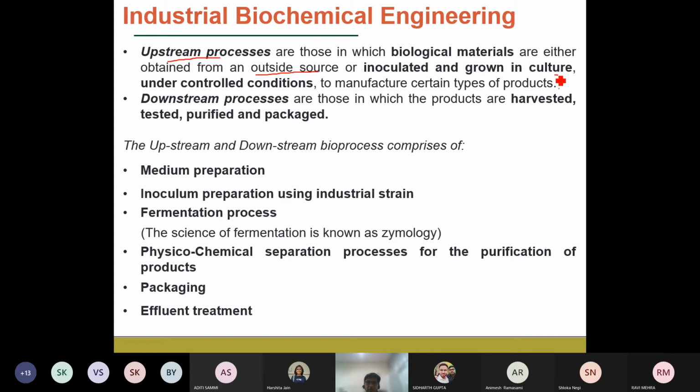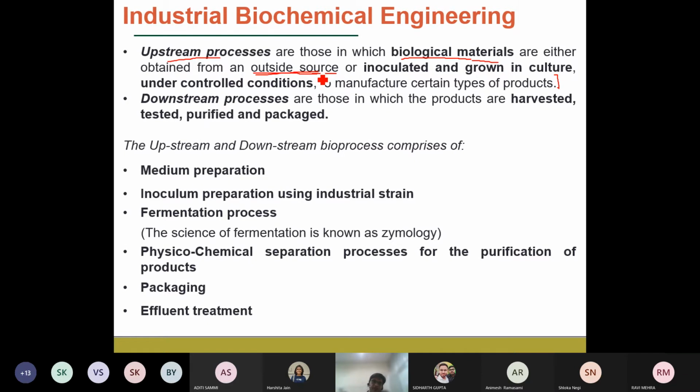As I discussed, it consists of several steps, which is getting the particular desired biological material. So finding out the desired microorganisms that you are going to use for the production of your particular product. And for that, you have to find that particular outside source from which you would like to get the microorganisms, because this also has a tremendous effect.